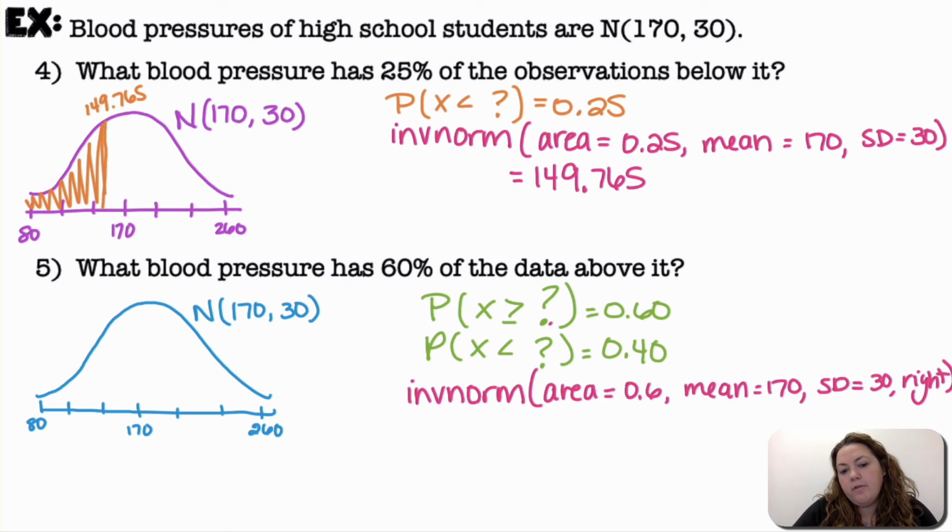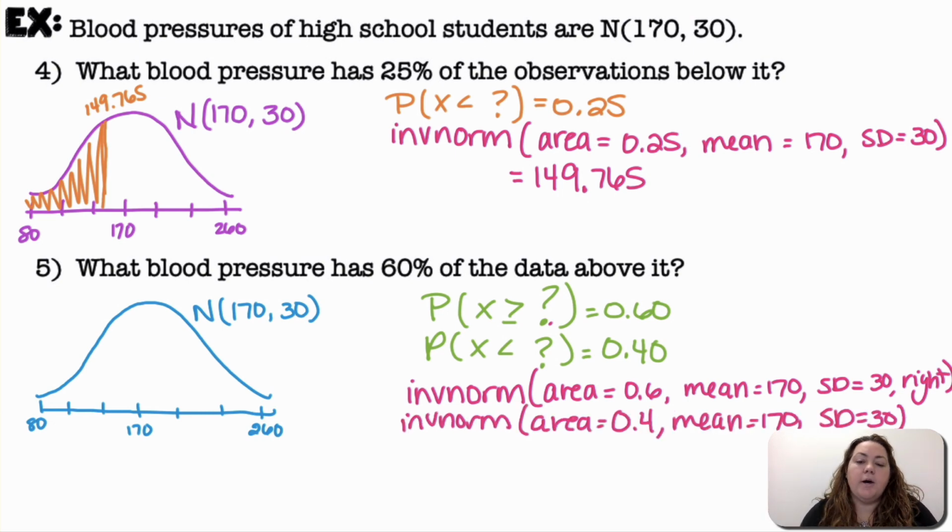Some of your calculators will have the option to do left, right, center if it's an updated calculator. Some of you will have to do it with the 40. If you have the outdated calculator, you're going to go to second vars, which is your distribution menu. You're going to go to inverse norm. For area, you'd put in 0.6, mean 170, standard deviation 30, and then right, because it's above, and above would be on the right side of your curve.